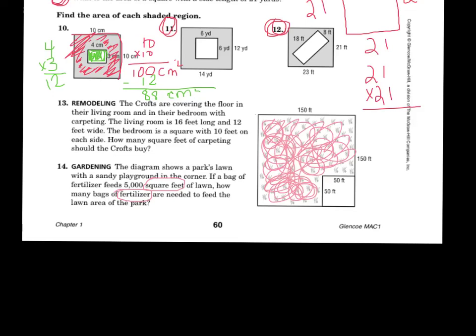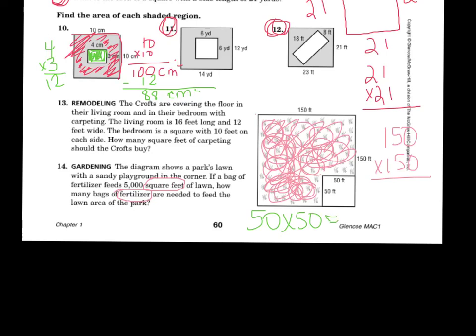So let's find the area of the whole thing. 150 times 150. You do that. And then you're going to subtract the area of this white part here. Okay, this is a sandy playground. You don't need fertilizer in the sand. So you're going to do 50 times 50 for that.